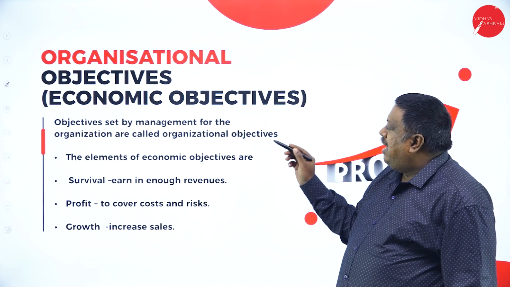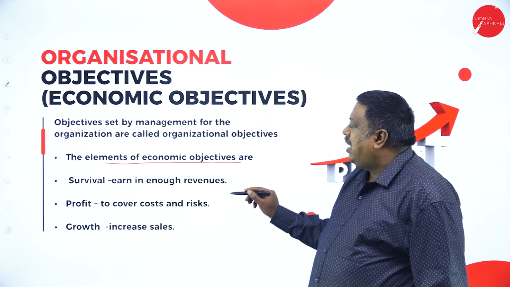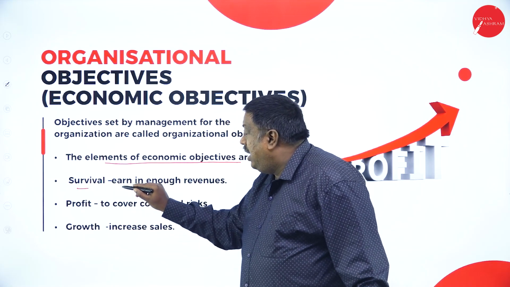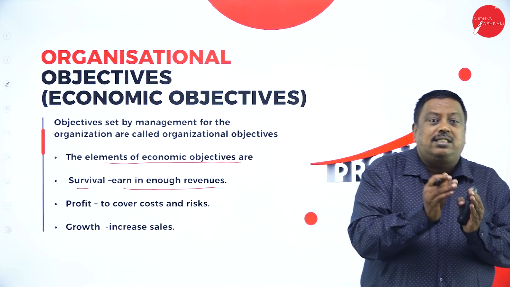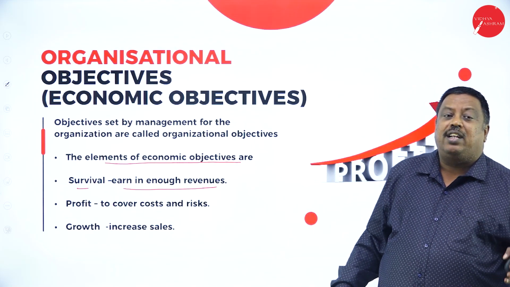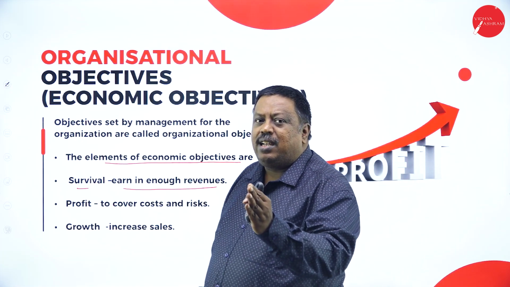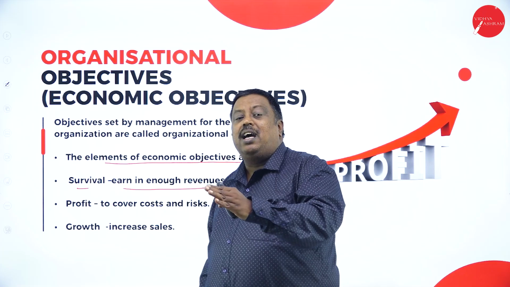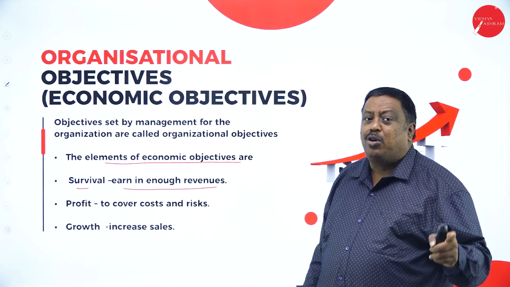The elements of economic objectives are: survival, earning enough revenues, meaning first earn a certain amount where there is no loss or no profit. First you survive in the market, have stability in the market, first stick on in the market, then definitely you're going to earn something tomorrow.